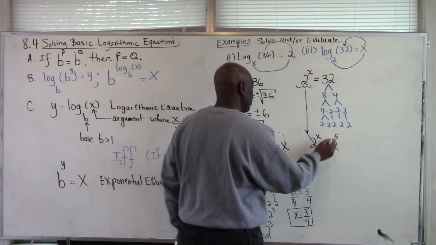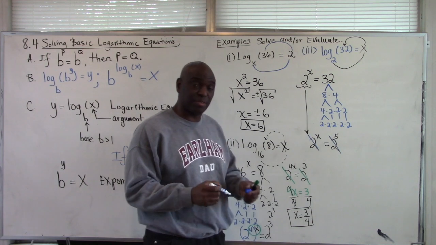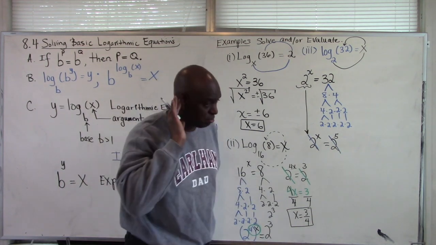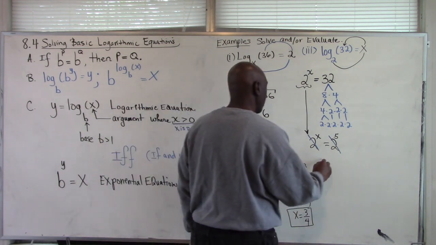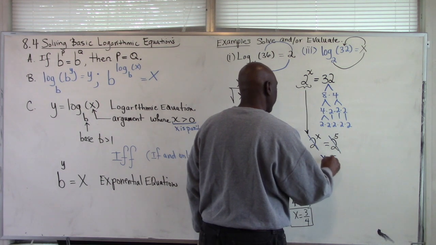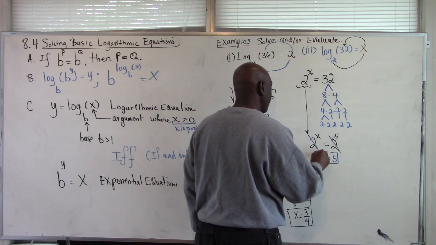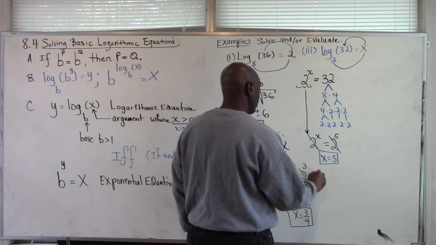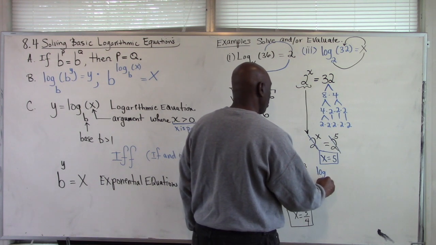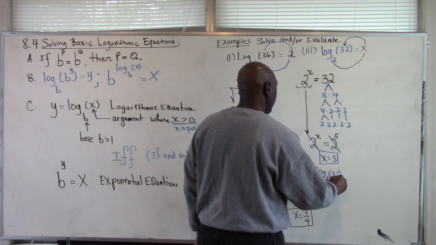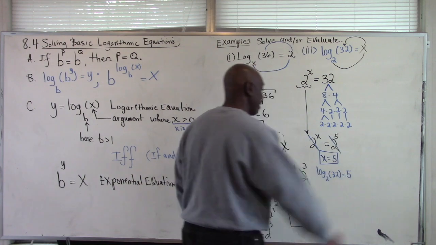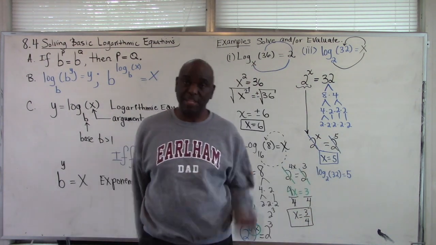The 2's cancel. What's the value of x? x has to equal? Good, 5. x equals 5. Very good. So there you go. Log base 2 of 32 is 5. That's the answer.